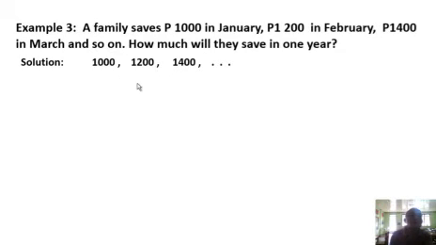This forms an arithmetic sequence with first term 1,000. The common difference is 200. If we subtract the term by its preceding term, the difference is 200.